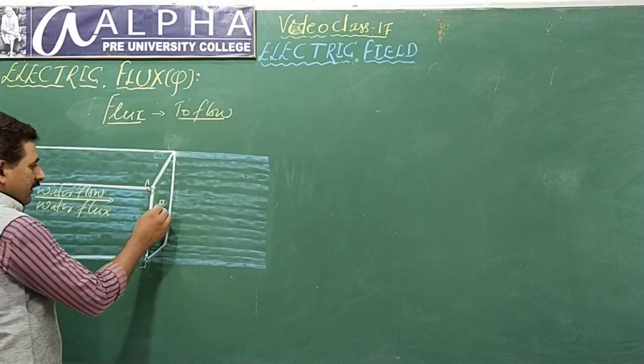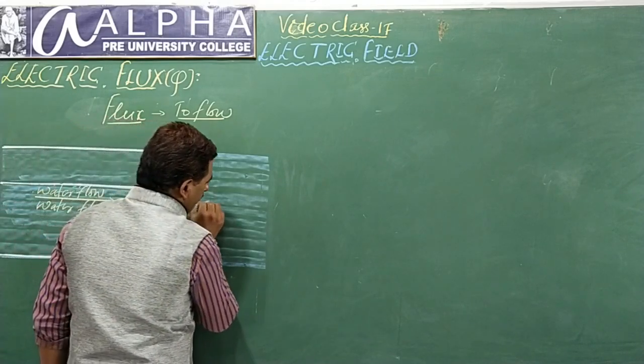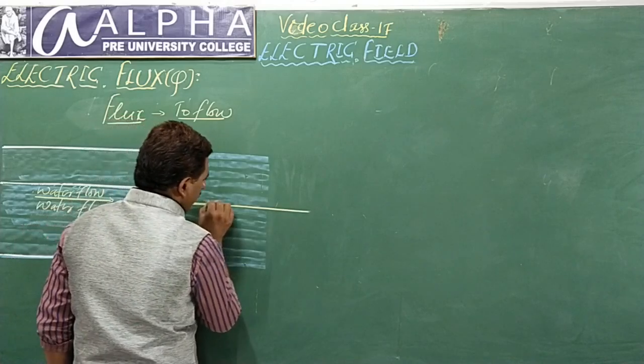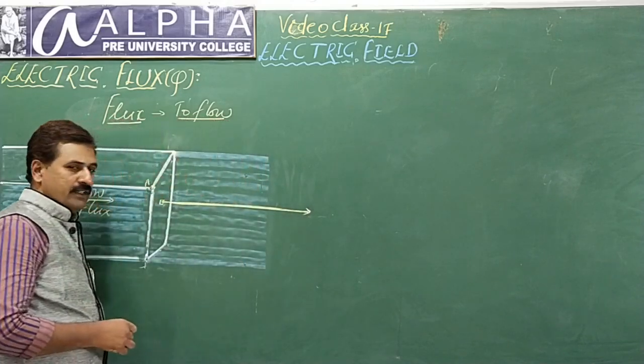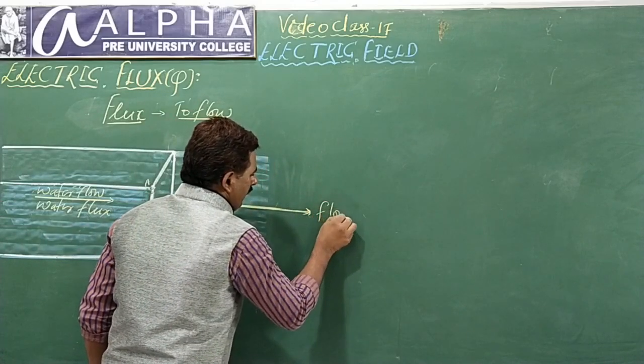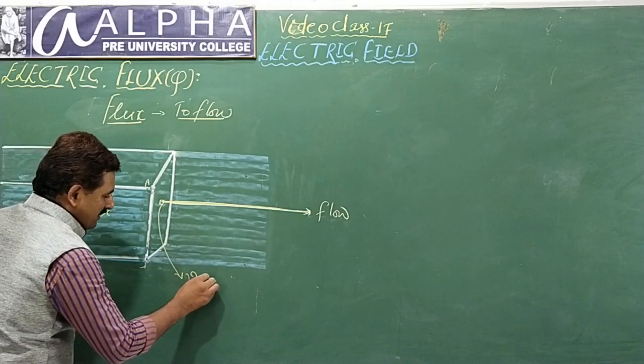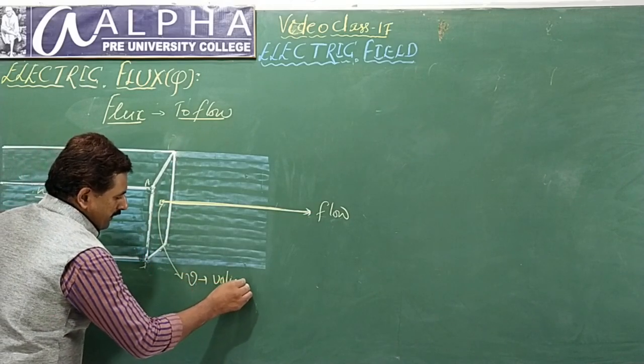Now, the water coming out of this cross section in a given time, say 1 second, or 1 minute, any time you can take, per unit time, the water that flows out in this direction is V. What is V in our discussion? Volume rate.